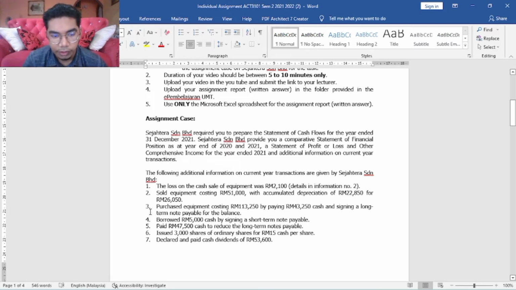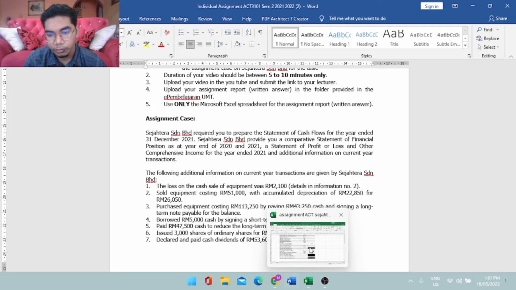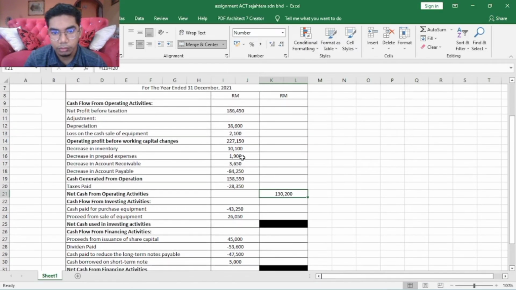We can see number 3, purchase equipment costing 113,250 by paying 40,250 cash and signing a long-term note payable for the balance. So we put this amount in the left column like this.